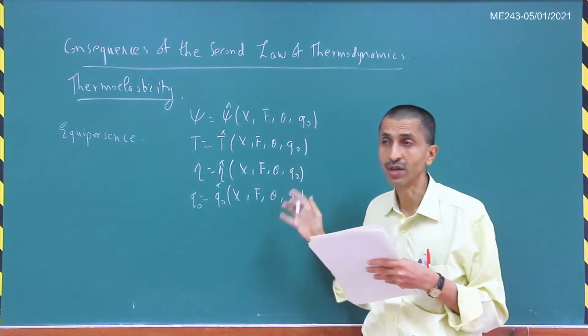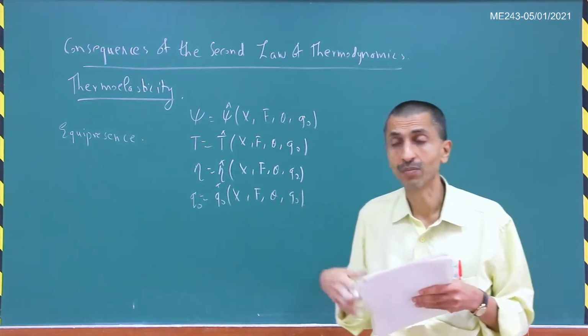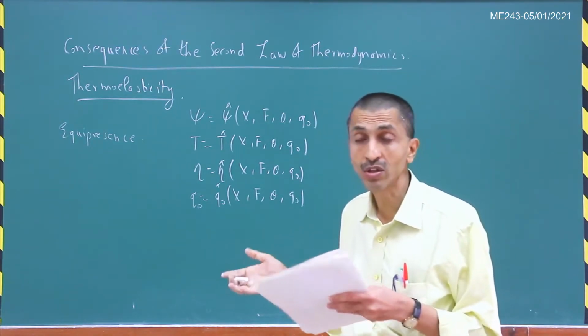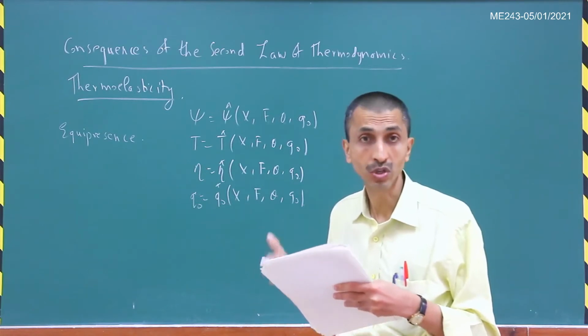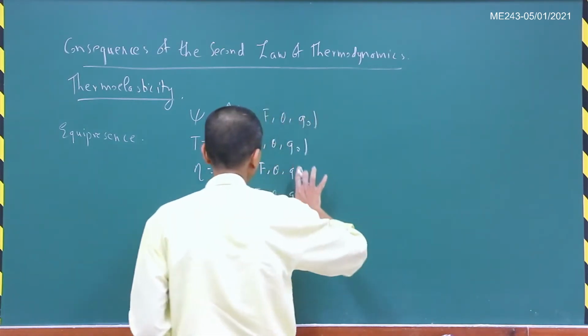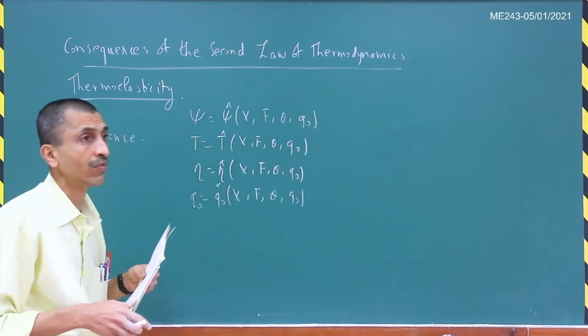I already mentioned large deformation plasticity and large deformation viscoelasticity, but similarly on the fluid side, non-Newtonian fluids. There also it is not clear exactly what kinematical variables play a role.